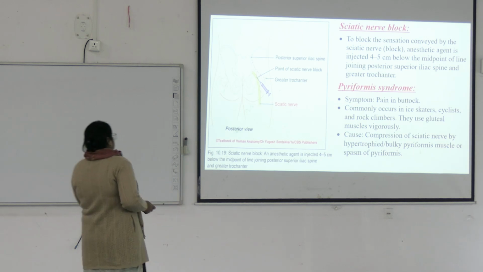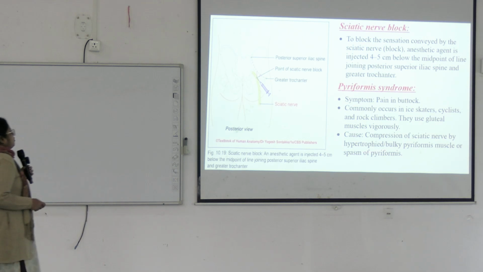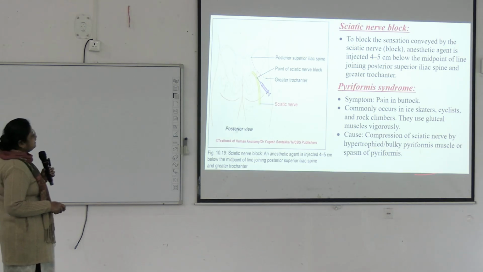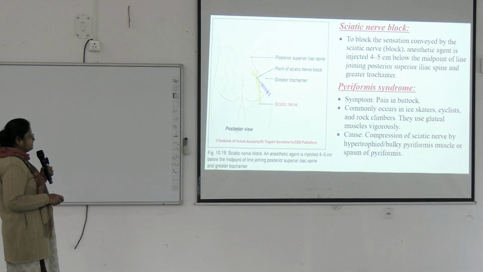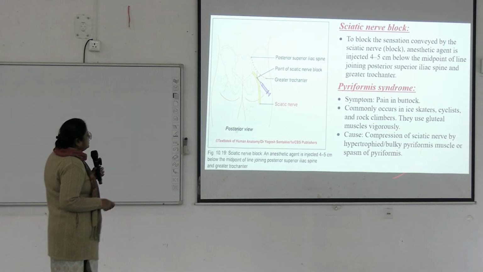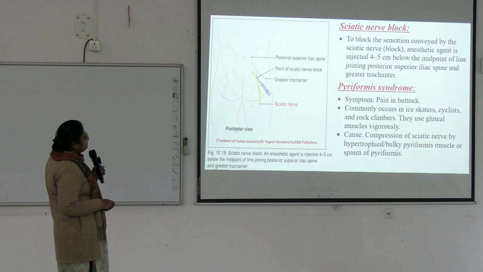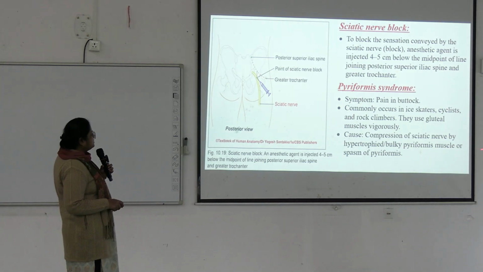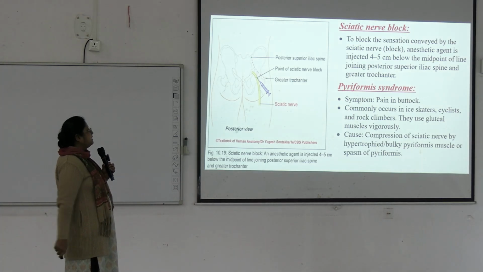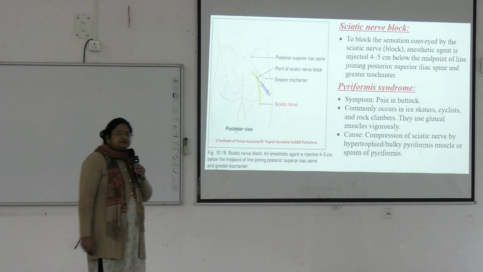What is piriformis syndrome? The symptom is mainly pain in the buttock, commonly occurring in ice skaters, cyclists, rock climbers, because they use the gluteal muscle vigorously, and it causes compression of the sciatic nerve by a hypertrophied or bulky piriformis muscle or spasm of the piriformis muscle during these sports activities.